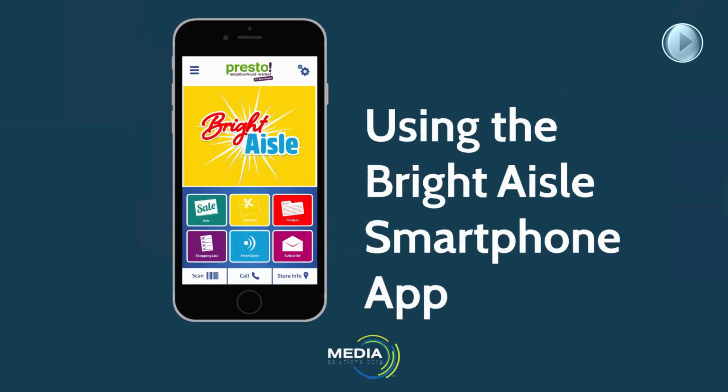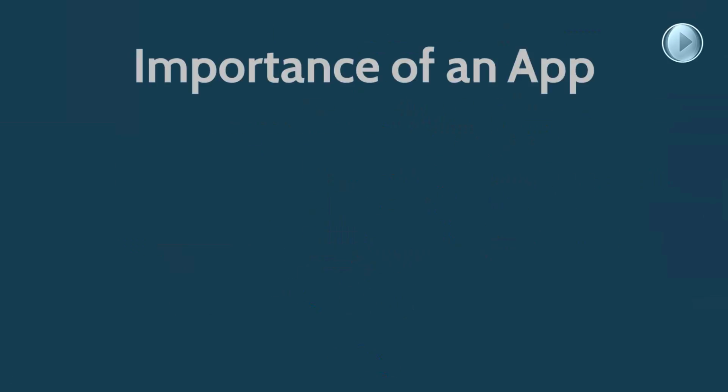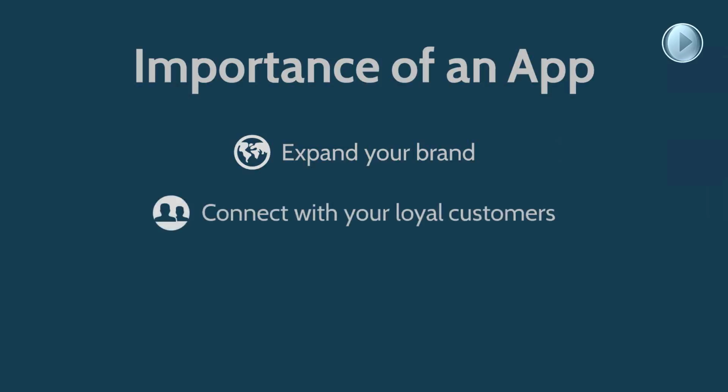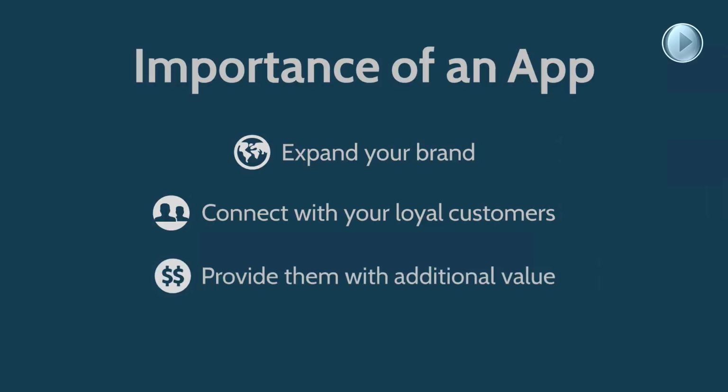So, using the Bright Isle smartphone app, let's go through a few of the features of it, the importance of the app. One of the big things with Bright Isle is it expands the brand for your store, gets your logo out there in front of your customers, connects with your loyal customers, giving you another avenue to get your offers out in front of customers, and provides them with additional value.